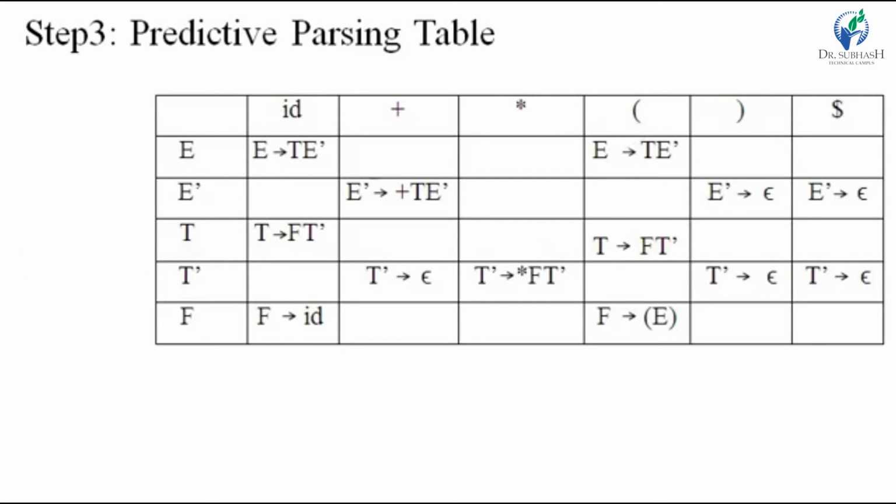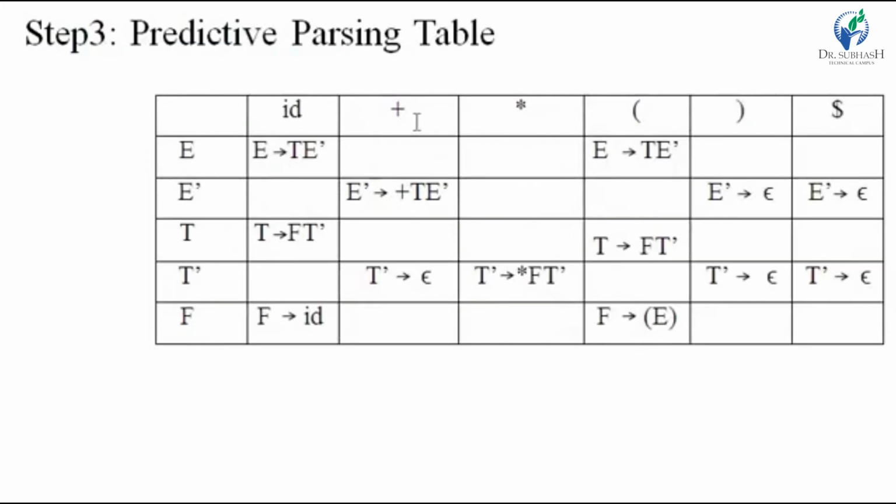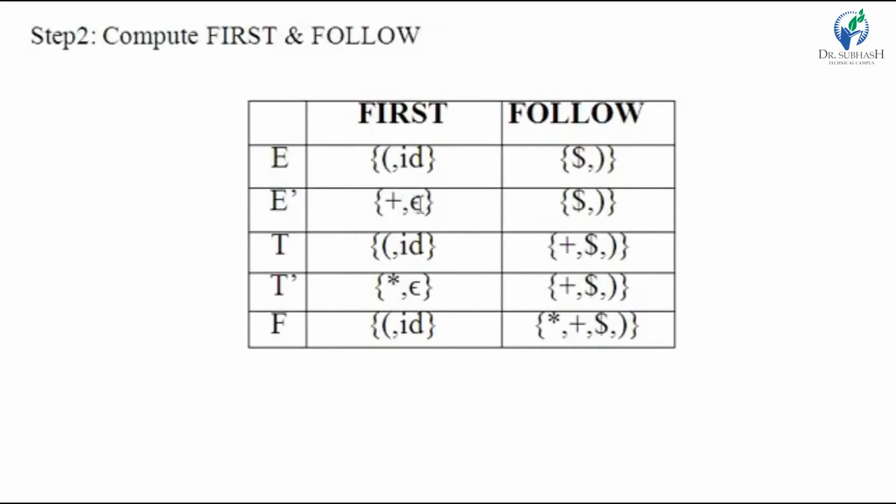Then check first of E dash, which is plus and epsilon. So first write in plus sign, E dash gives plus TE dash. Whenever you find epsilon in any non-terminal's first, at that time check its follow. So here follow of E dash is dollar and closing bracket.